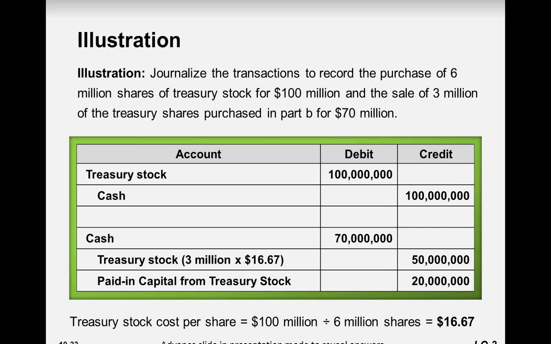You'll notice that we are messing with the title of these paid-in capitals a little bit as we go through this. Some of them might just say paid-in capital, some might say paid-in capital in excess of par, some might say paid-in capital common stock, some might say paid-in capital from Treasury stock transactions. That's because whatever your company's name for this account is in the chart of accounts is the name that you would use.